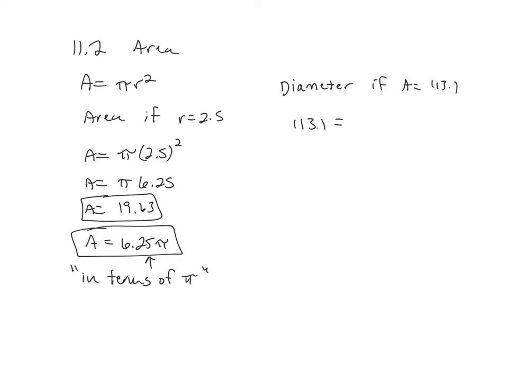The area equals pi r squared. And so really what we need to do is solve for r and then times 2 for the diameter. So I'm going to divide by pi.